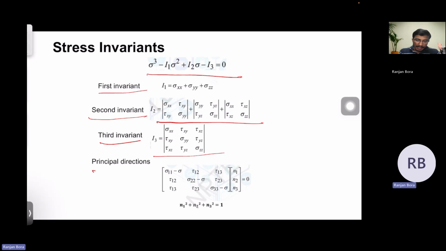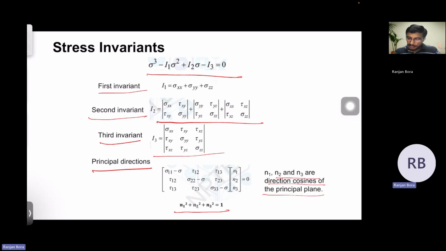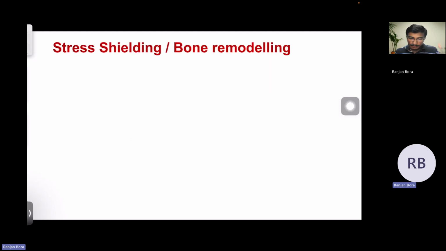The principal directions we can find using this equation, where n1, n2, n3 are the unit vectors along the principal directions, and n1 square plus n2 square plus n3 square equal to 1. So n1, n2, n3 are the direction cosines of the principal plane.